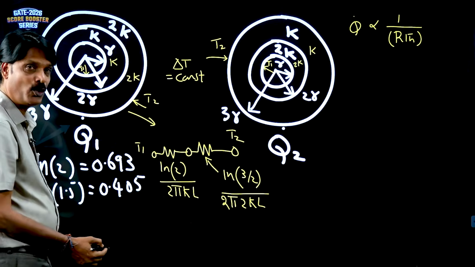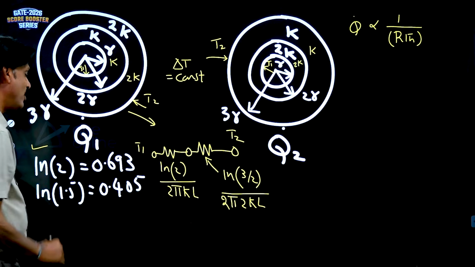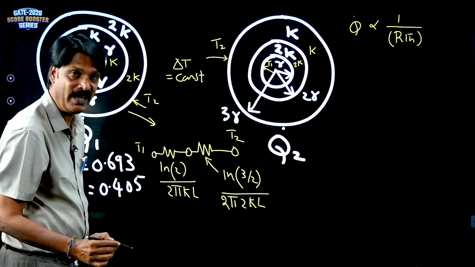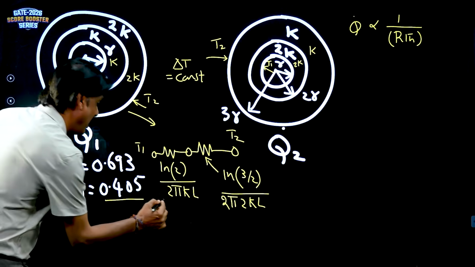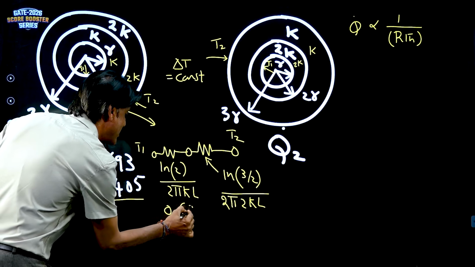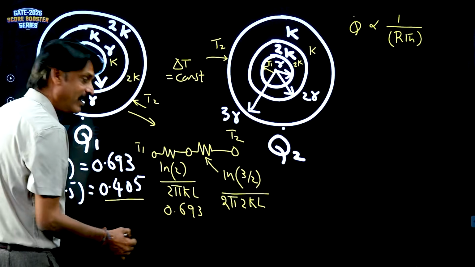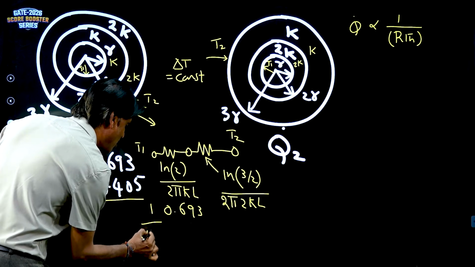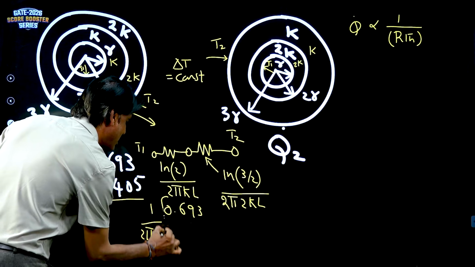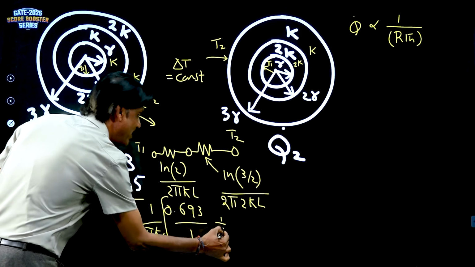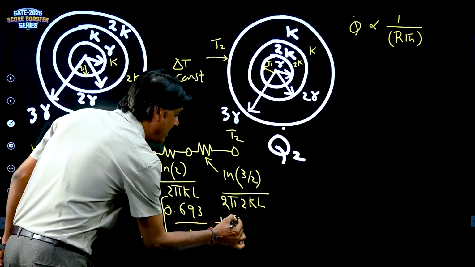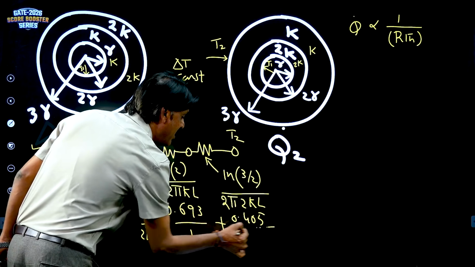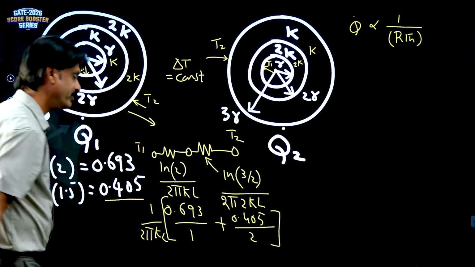So, if I compound this, log 2 value is 0.693 and log 1.5 is 0.405. I will take 1 by 2 pi KL common, by 1 plus log 1.5, 0.405, divided by 2.